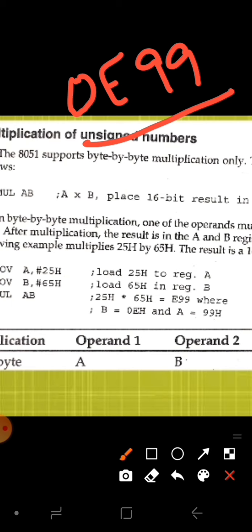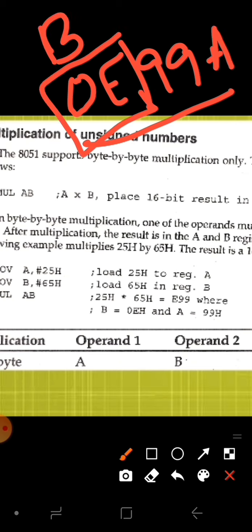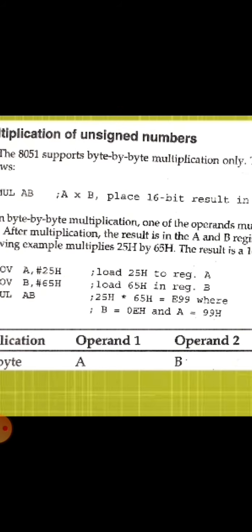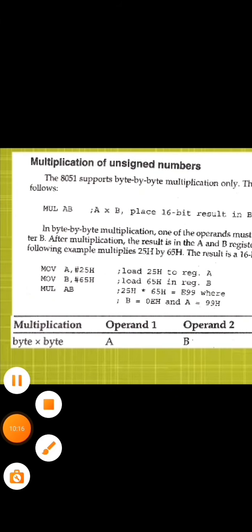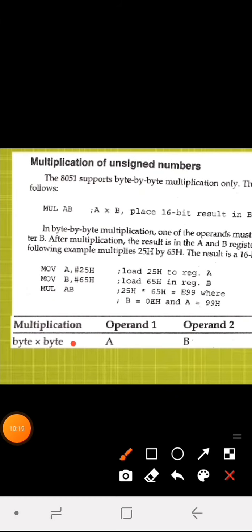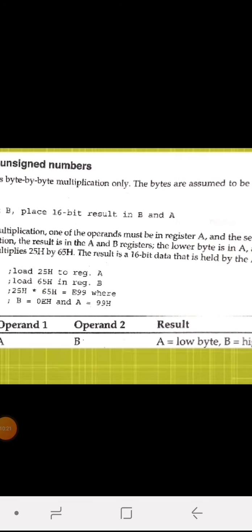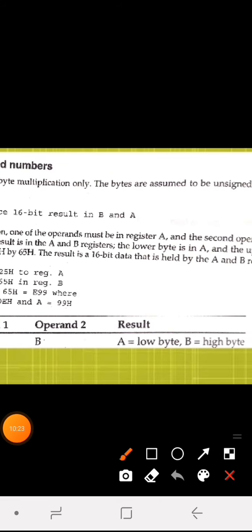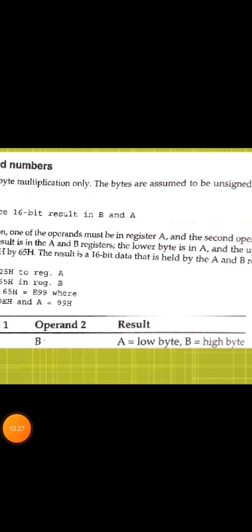So 99 will be stored in the lower order. The lower order answer will be stored in A and the higher order answer will be stored in B. So multiplication you will be doing byte by byte. You have operand 1 and 2, and in the result, A will be holding the low byte and B will be holding the higher byte.